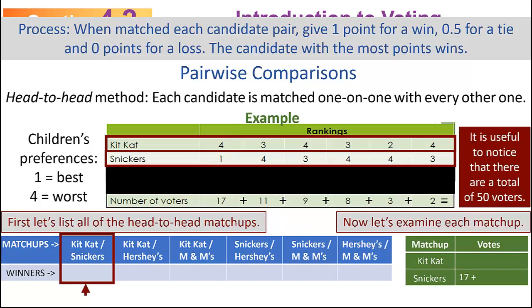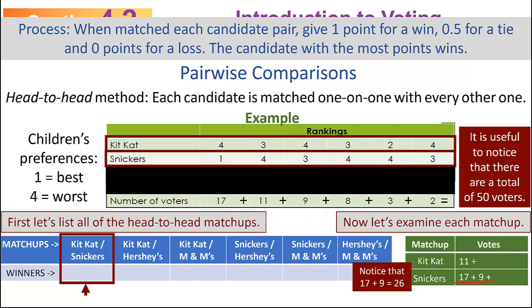Now keep moving across columns. In the next column, Kit Kat gets a 3 and Snickers gets a 4. 3 is better than 4. So Kit Kat wins with those 11 voters. So I give 11 votes to Kit Kat. Keep moving across. In the next column, Kit Kat gets 4, Snickers gets 3. 3 is better than 4, so Snickers wins that with those 9 voters. So I give those 9 votes to Snickers.